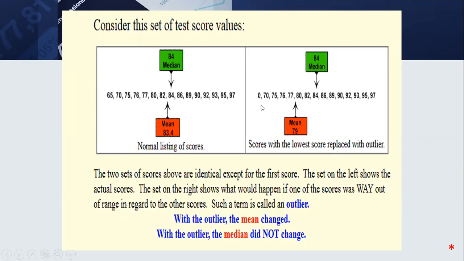The set on the right shows what would happen if one of the scores was an outlier or extreme score, such as a 0. Notice that with the outlier included in the distribution, the mean changed. However, the median did not change and remained stable.